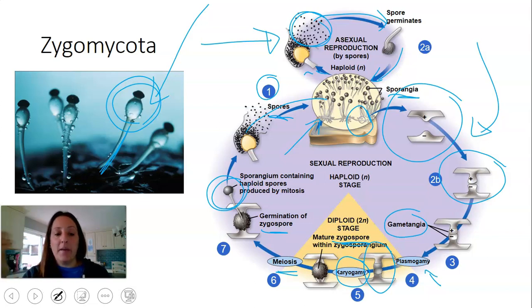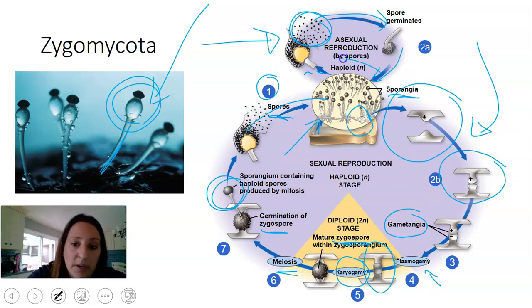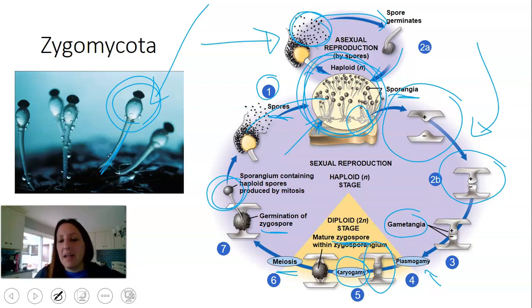In lab this week, the first slide that you're going to look at is going to be this right here at the top. It's going to be a collection of hyphal strands with stem-like and root-like structures, with sporangiophores with sporangia that are producing spores.